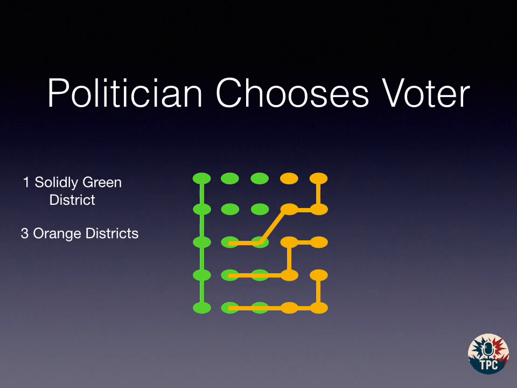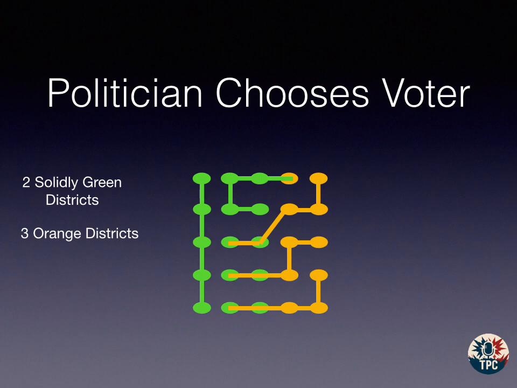Then they go further and create a third orange district, so 4 districts total, once again majority orange, and the 2 greens in that district are no longer represented. The last district is created up there at the top with 4 greens and 1 orange.